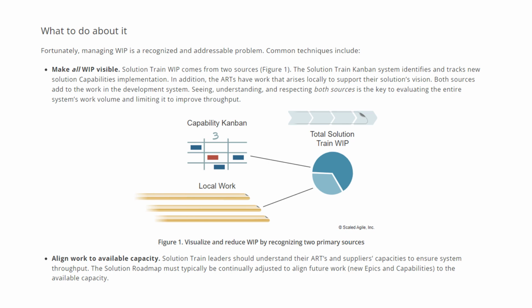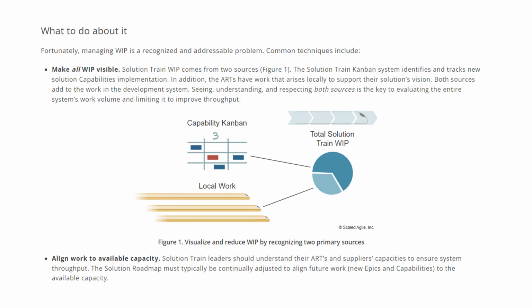Fortunately, managing WIP is a recognized and addressable problem. Common techniques include making all work in progress visible. Solution train WIP comes from two sources. The solution train Kanban system identifies and tracks new solution capabilities implementation.